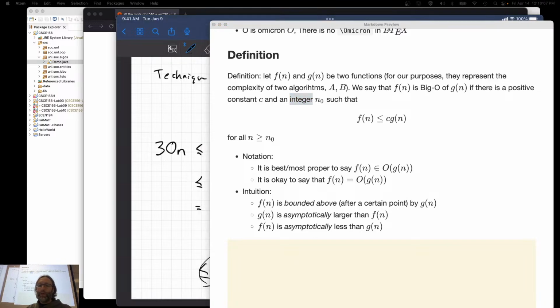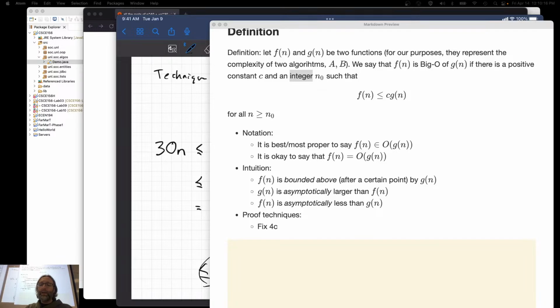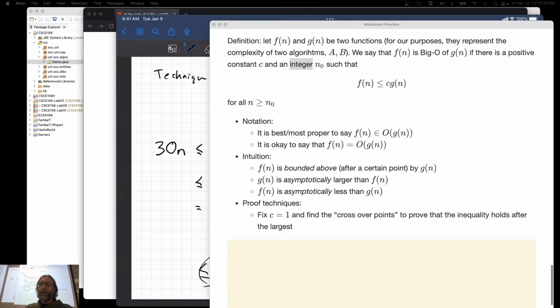Okay? And we've got 10 minutes. We can show the third. Proof techniques. Right? You can fix C to be 1 and find the crossover points to prove that the inequality holds after the largest crossover point, which is your n naught.